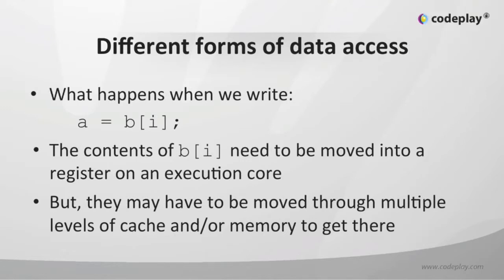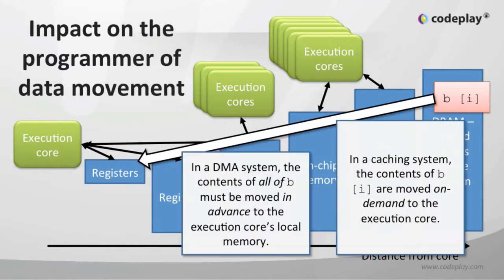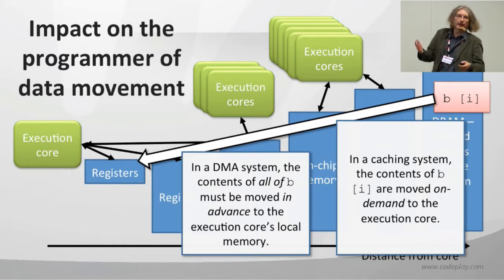So what happens when we write A equals B[i]? The contents of B[i] are going to be moved into a register, but they may have to be moved through multiple of those levels. So here's B[i] out in DRAM being moved into registers. And there are 2 main classes of approach to managing this in memory. One is a caching system, which you would get in a CPU.